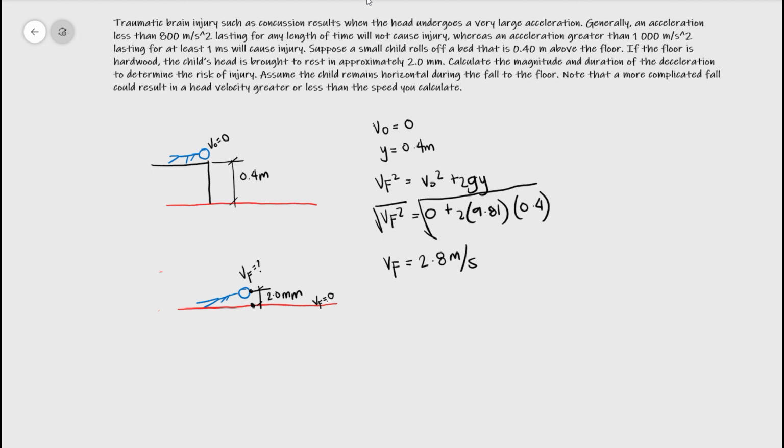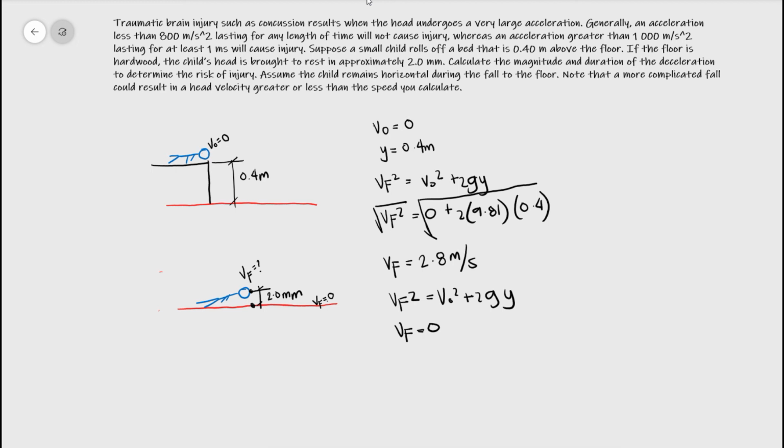Now getting the deceleration, we'll use again the kinematic equation Vf squared equals Vo squared plus 2gy, wherein Vf, the moment the head of the child hits the ground, is equal to 0.